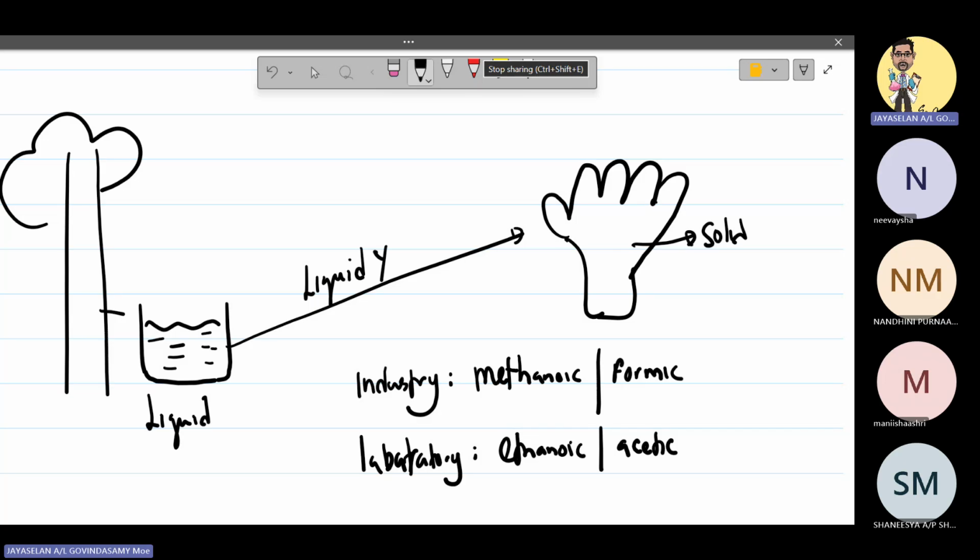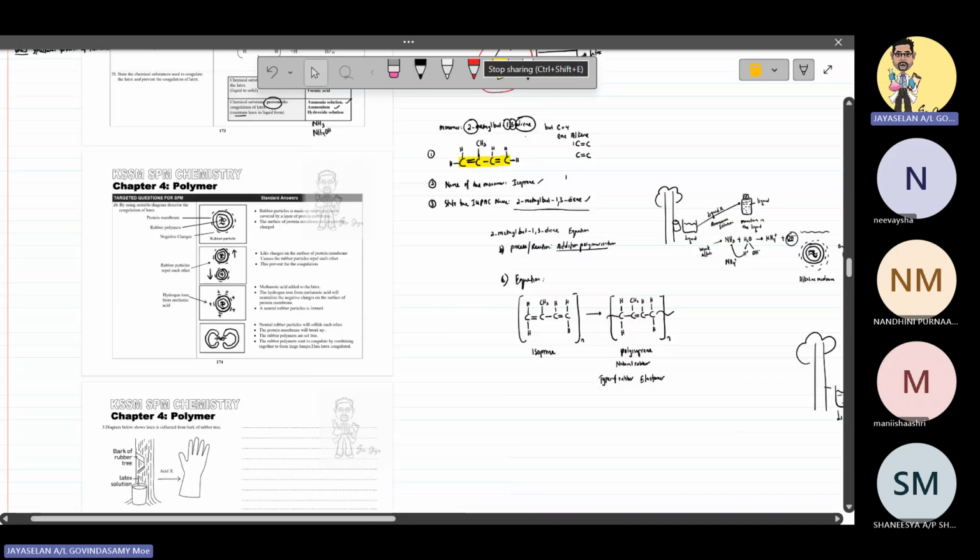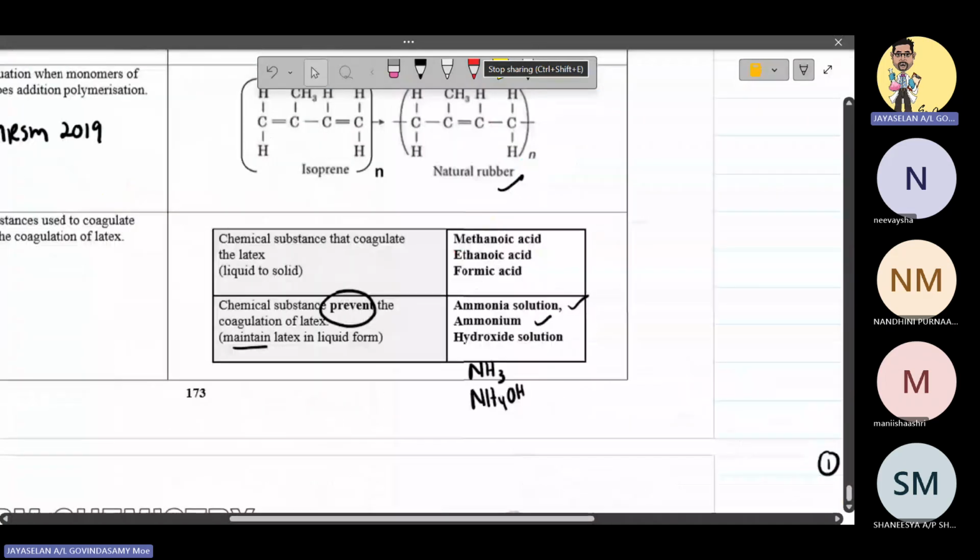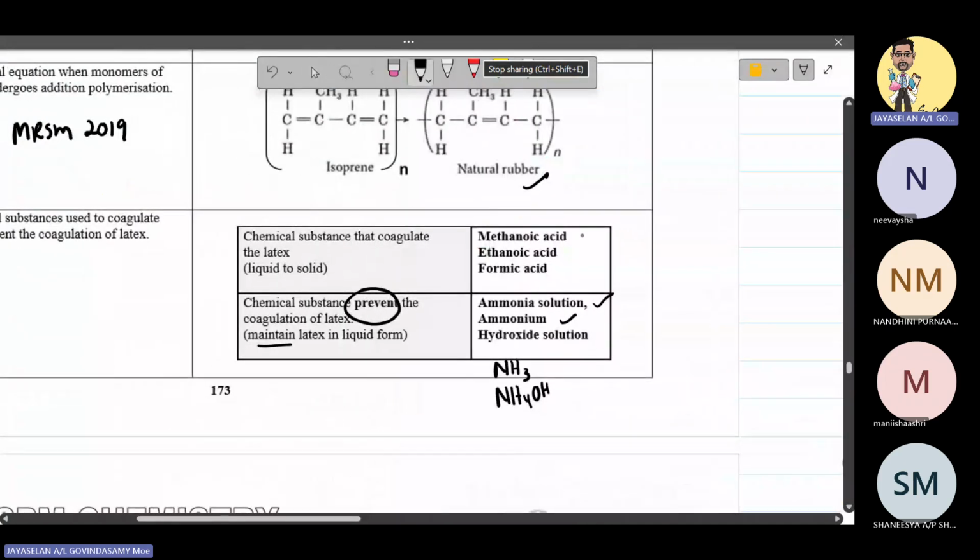Any question? Is it formic acid? Formic acid, methanoic acid, formic acid. So I will write in the book, and you all write in the book. Here I already wrote ethanoic acid.